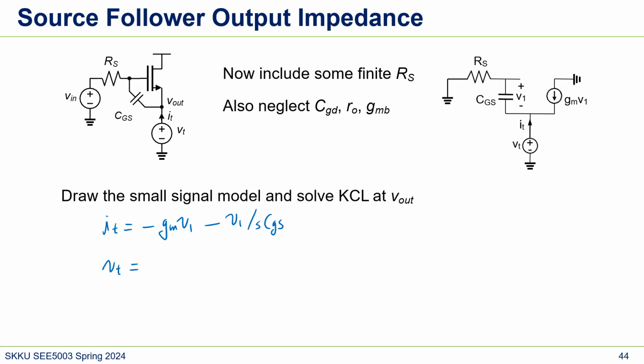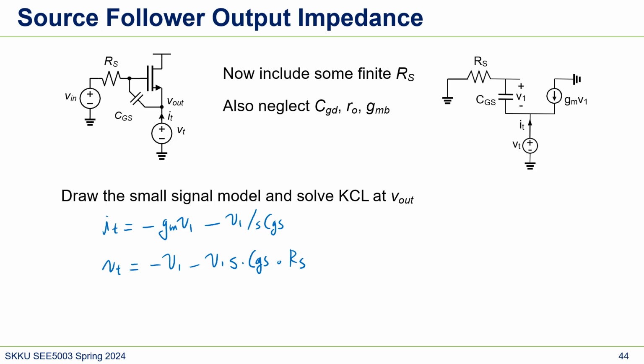VT is first minus V1, and then here, and then this one. So we know the current here, so we can just multiply RS with that. That will be minus V1 over SCGS times RS.